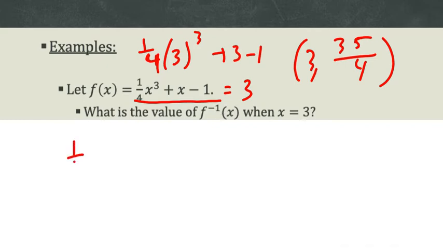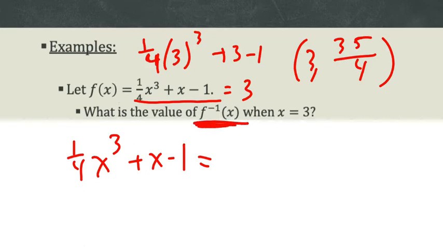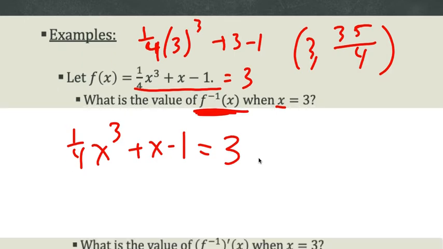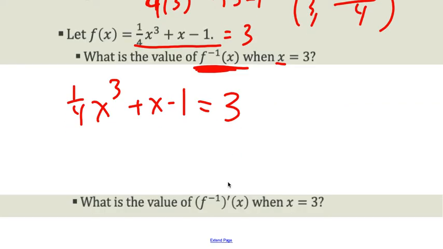So I'm going to set 1/4 x cubed plus x minus 1 equal to 3, instead of plugging 3 in for x like I did up here in the original function. For the inverse function, the x values become the y values. Then I'm going to solve this.